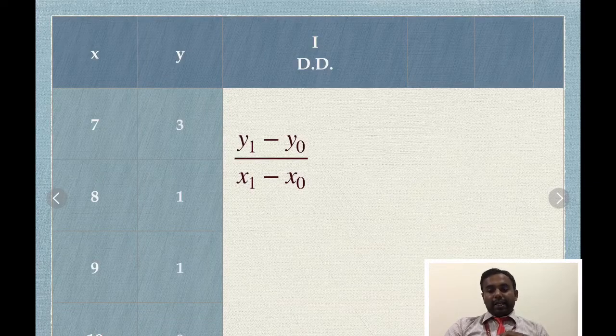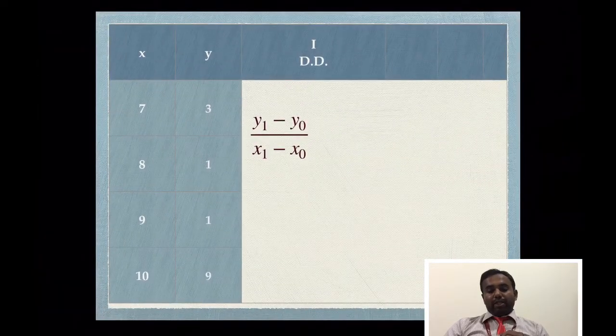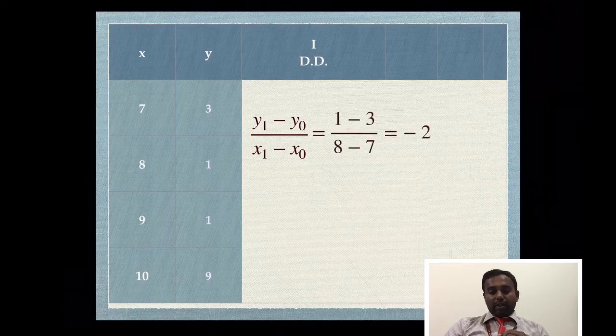In the numerator I will have y1 minus y0, and in the denominator x1 minus x0. Substituting those, I get 1 minus 3 divided by 8 minus 7. Of course, 1 minus 3 is minus 2, and 8 minus 7 is 1. So the final answer for the first value is minus 2.